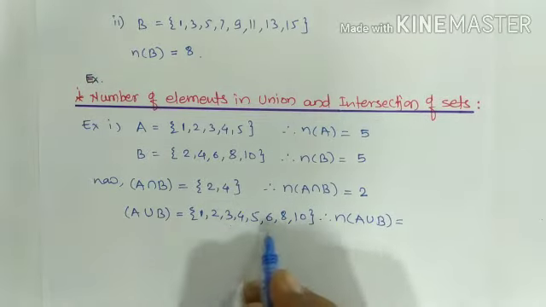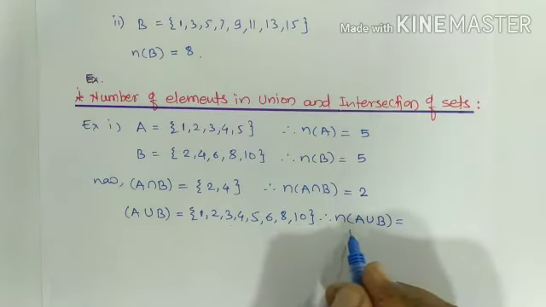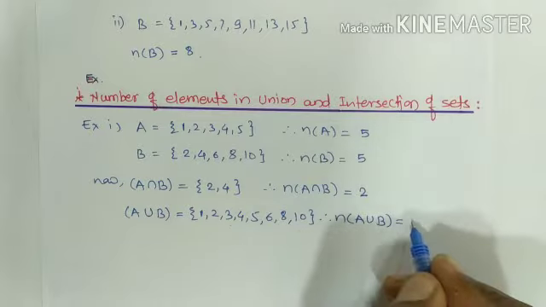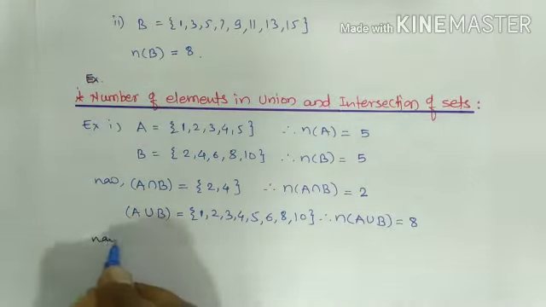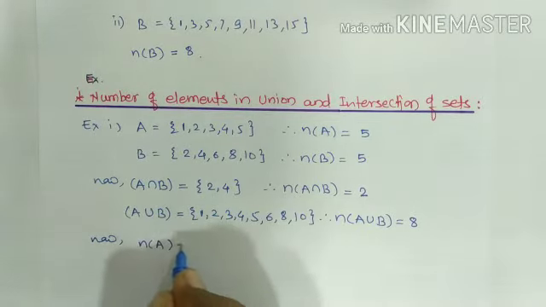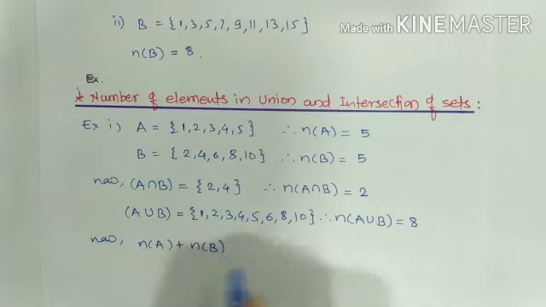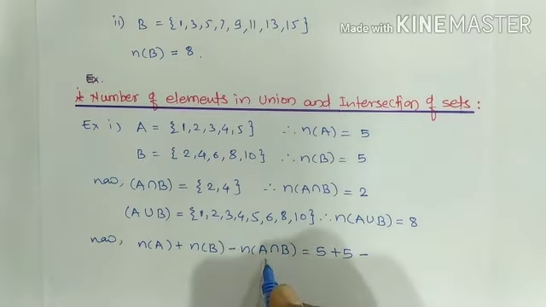There are 5, 6, 7 and 8 elements. So here we write the number of elements in the set A union B equals 8. Now we find the value of number of A plus number of B minus number of A intersection B. Here number of A equals 5, number of B equals 5, minus number of A intersection B equals 2.